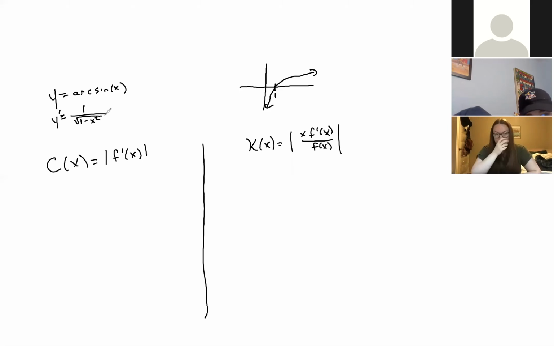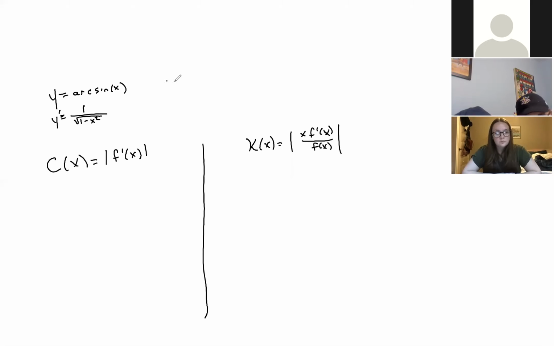Something that'll help a little bit with talking about this one is the domain of the arcsine function. For the sine function, the y values are stuck between -1 and 1. For your arcsine function, the x values are stuck between -1 and 1.